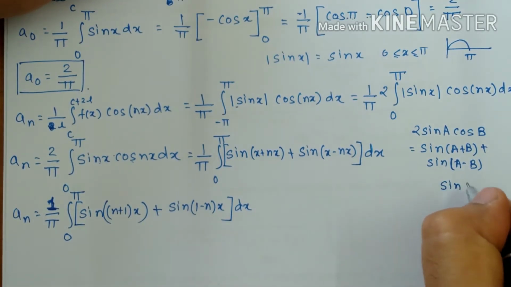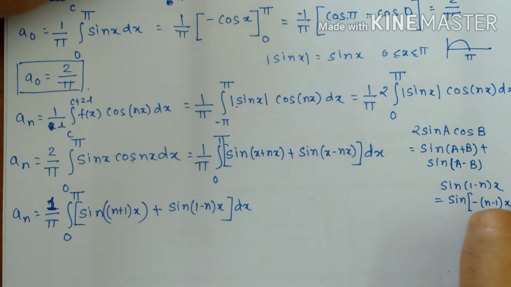Now for this second term, I am making one simple adjustment. This is sin of 1 minus n x. I am taking this minus n outside, we get sin of minus n minus 1 x. And what is sin of minus theta? It is minus sin theta.